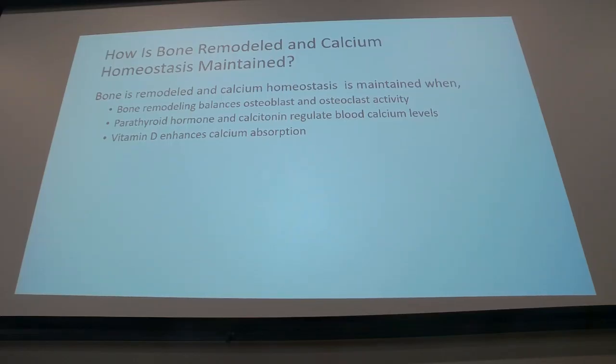The most available storage form of calcium that we have will be the bones. We still have calcium, of course, in our teeth, guys, but that one hopefully never goes away. So then this bone remodeling is given by the balance of osteoblast and osteoclast activity.